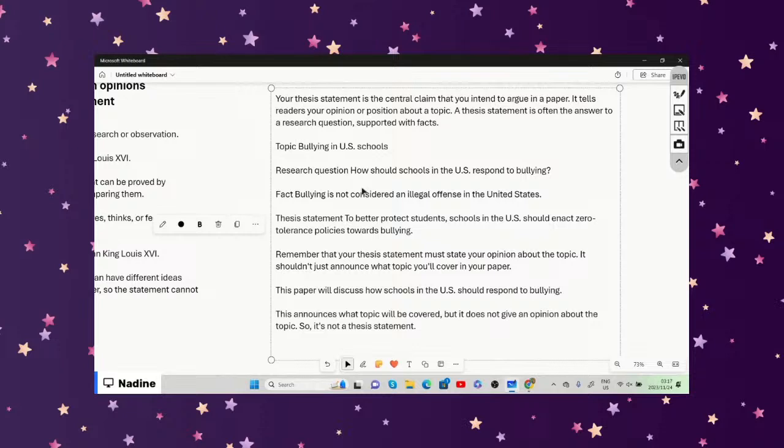And a thesis statement is often the answer to a research question supported with evidence. So basically, you'll have a research question, and in your whole paper, you're just trying to answer that research question.